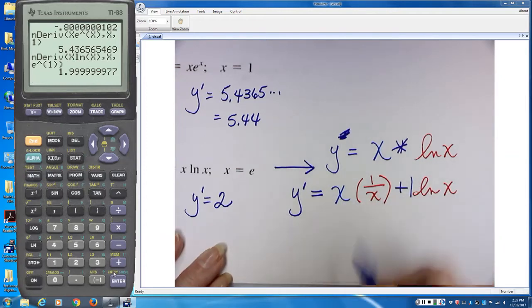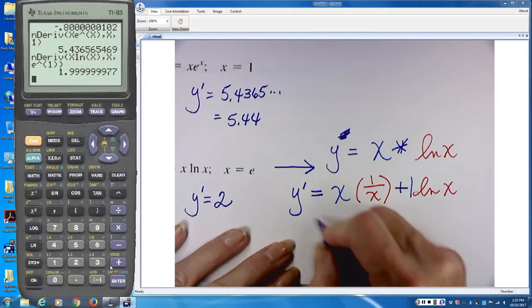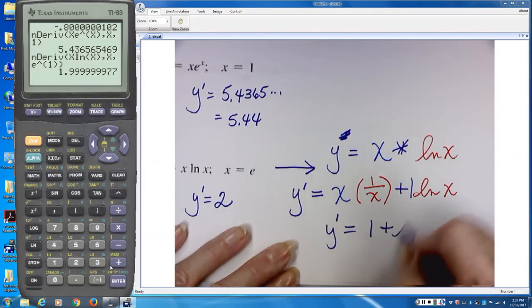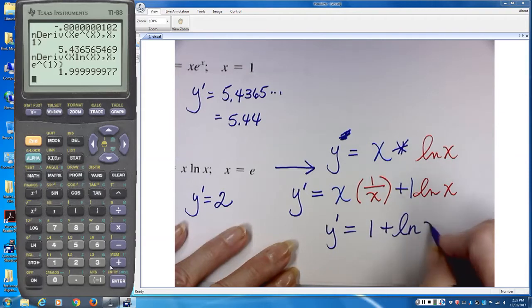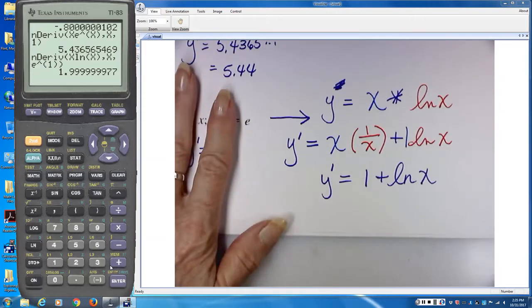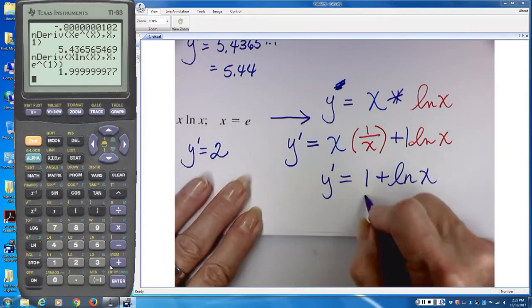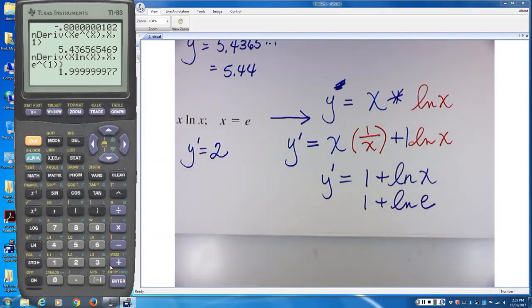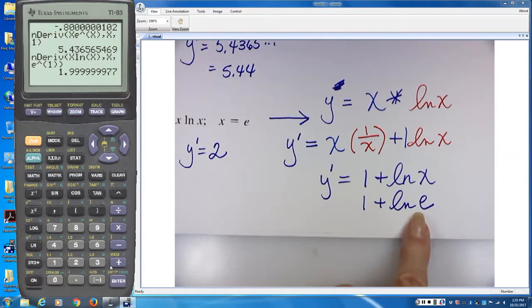Since x times 1 over x is x over x, which is 1, then y prime equals 1 plus the natural log of x. And if you evaluate 1 plus the natural log of e, because it says at x equals e, what's the natural log of e? 1.